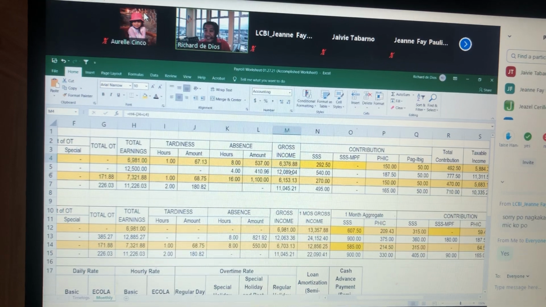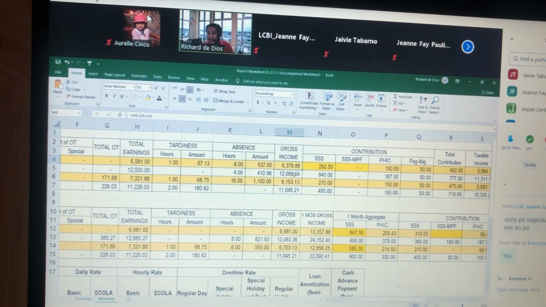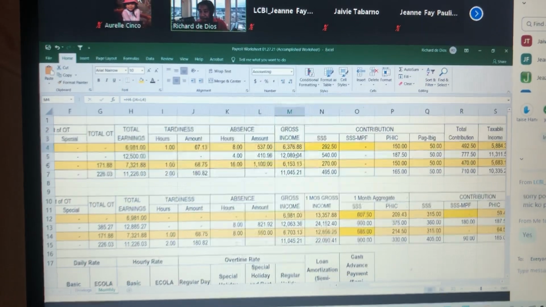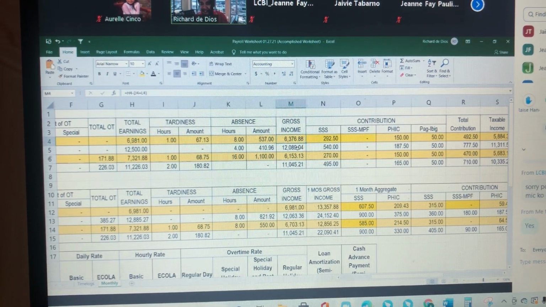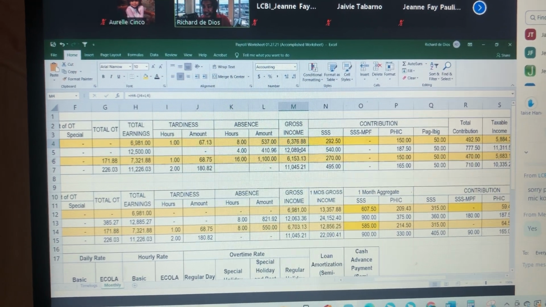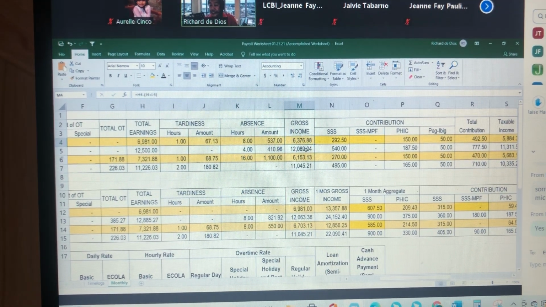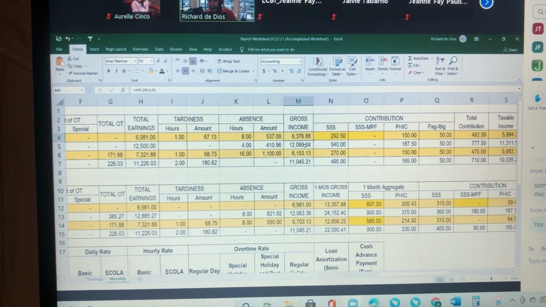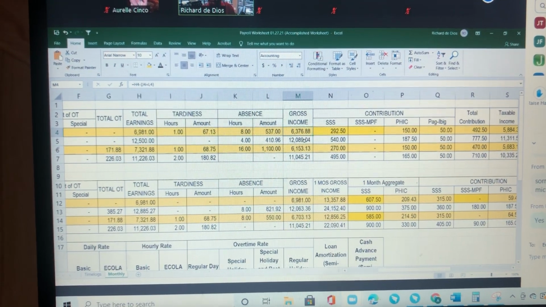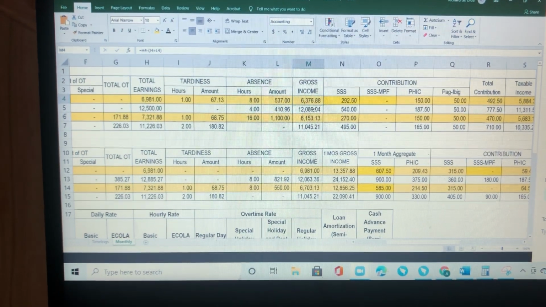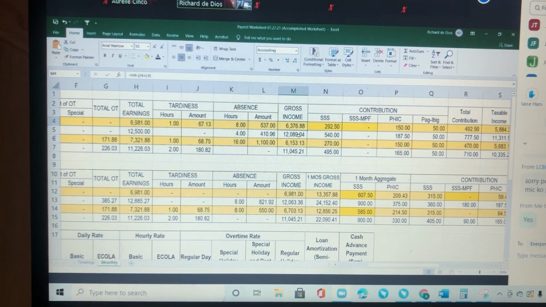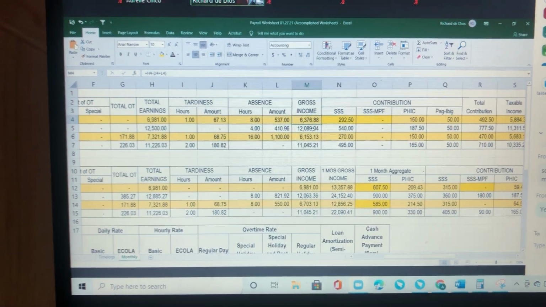Okay, 6,500. Get your calculator. Compute nyo 13% ng 6,500. Would you get 290,250? Can you validate? You get 290,250 for 6,500 multiplied by 13%. Can you check lang kung tama?